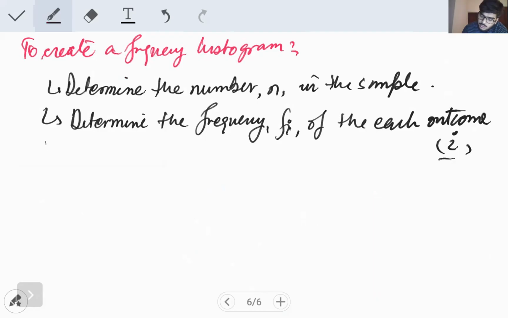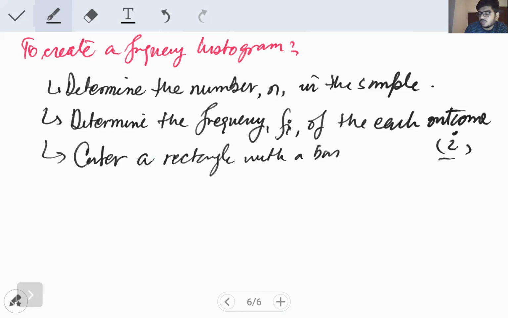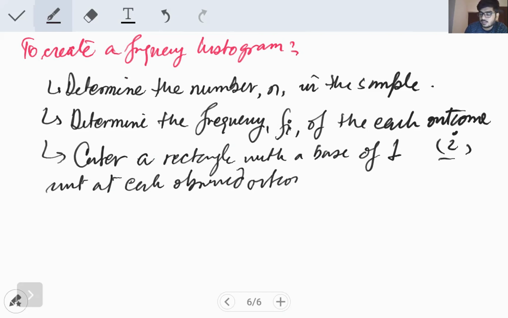The third step is to draw, and to draw it please note it down. We need a center, a rectangle with a base of 1 unit at each observed outcome i, right?